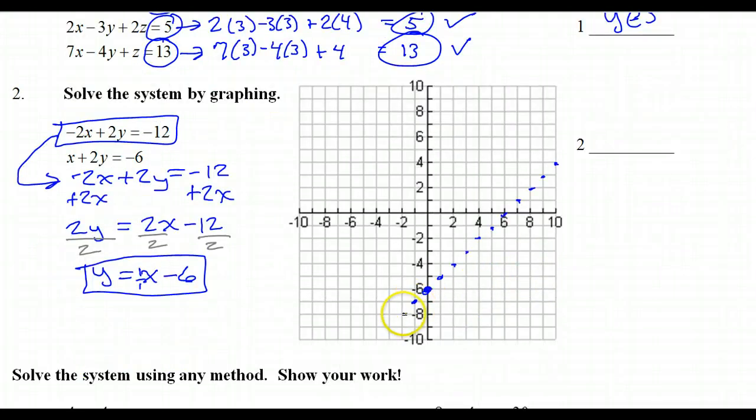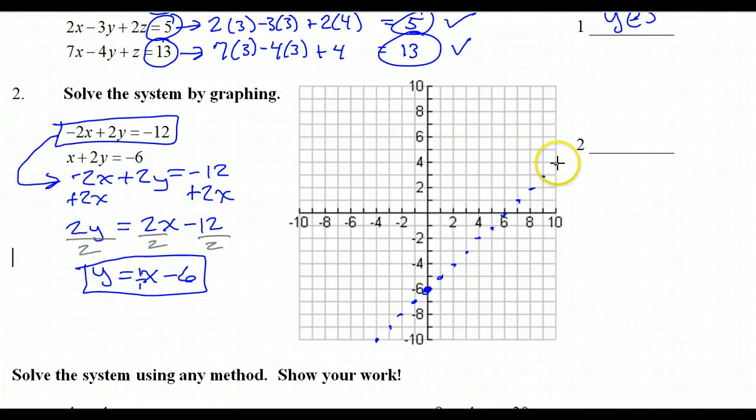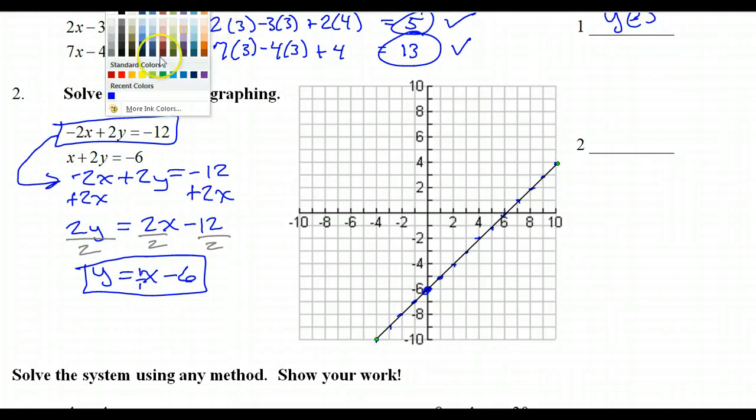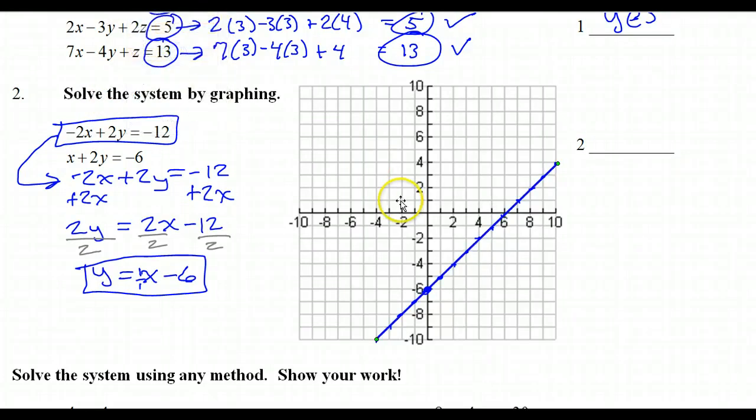Going in the other direction as well, it's going to be like this. So let's go ahead and draw that line. Okay, so that is the first equation.